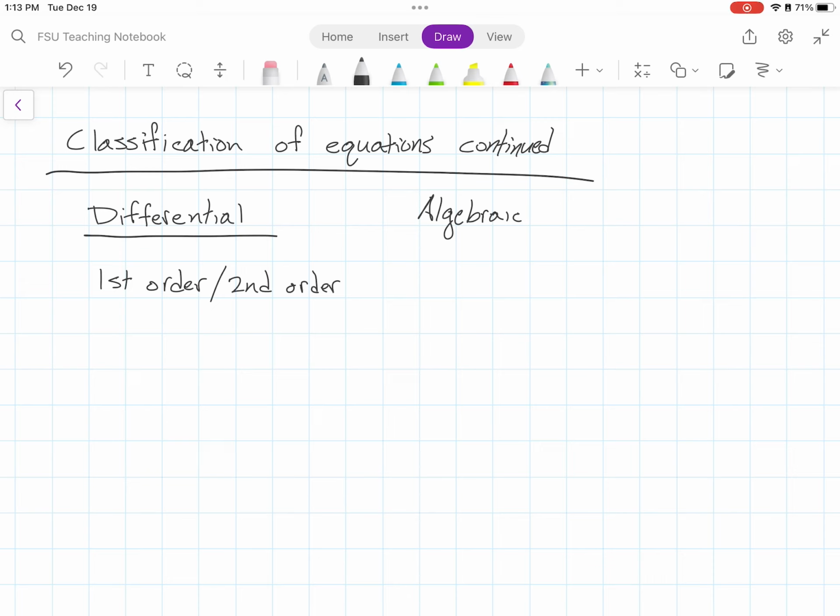Differential equations. And so the order of a differential equation, we'll come down here a little bit. The order is the order of the highest derivative in the function.